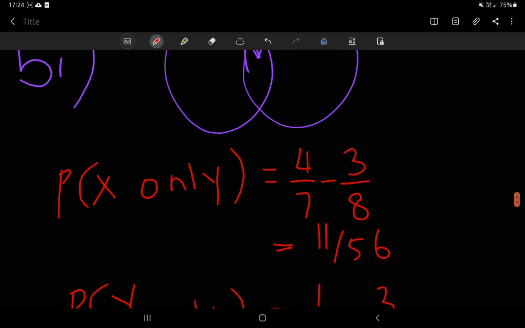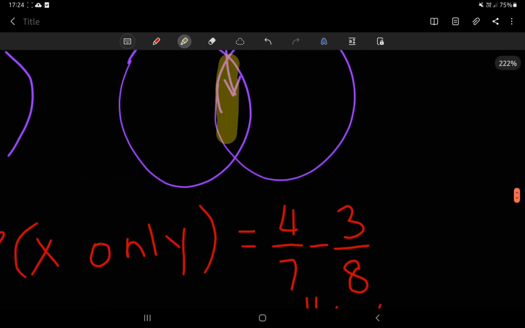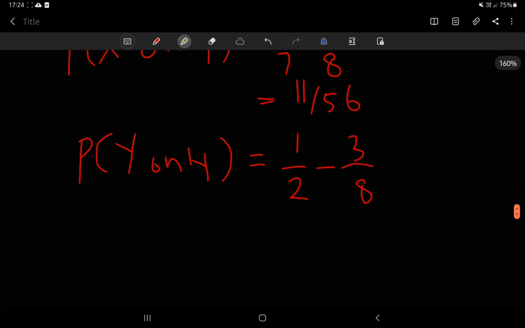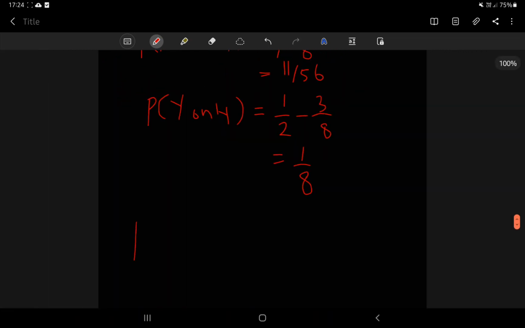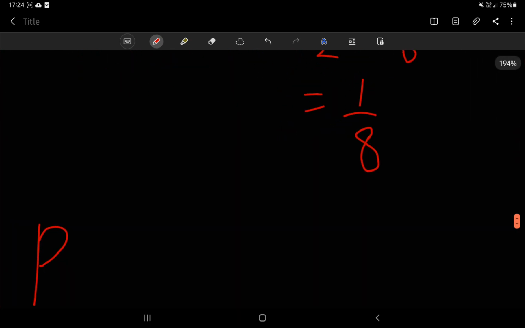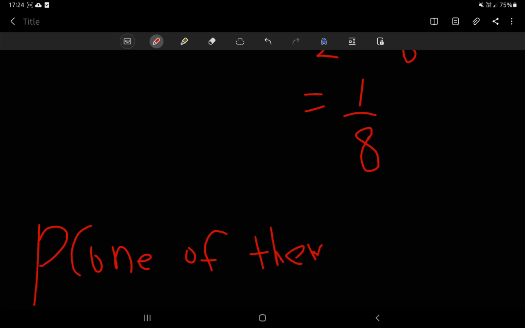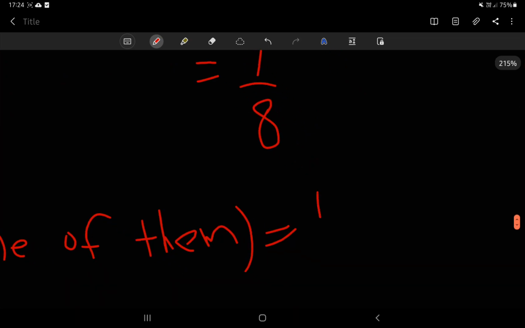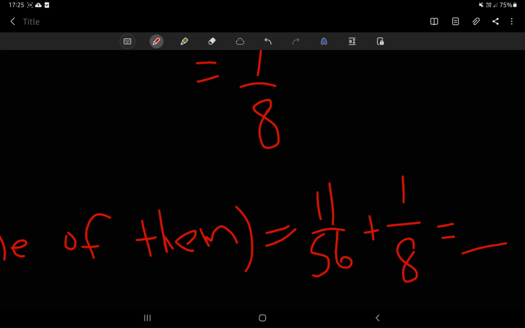So 0.5 minus 3/8 will be 1/8. Then we just add these. So the probability of one of them will be 11/56 plus 1/8, and then we get the answer.